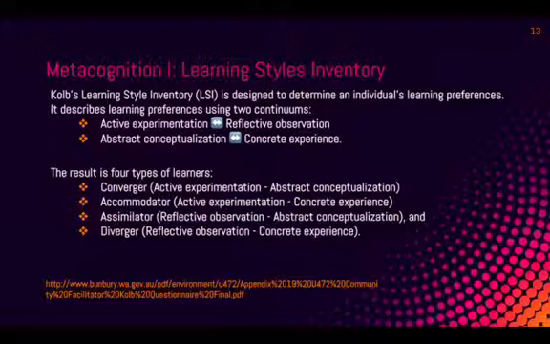Abstract conceptualization is different from reflective observation in being a bit more proactive: rather than reflecting on what you've done, it's conceiving of what you can do in the future.